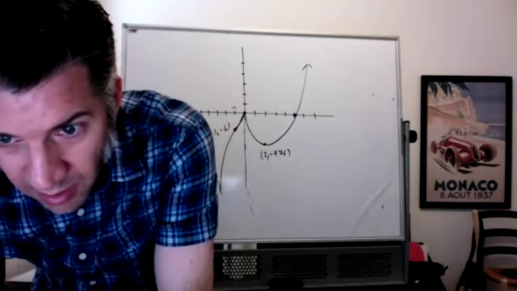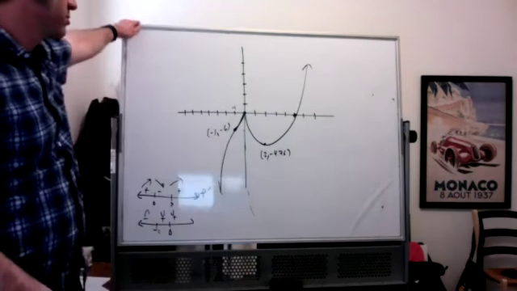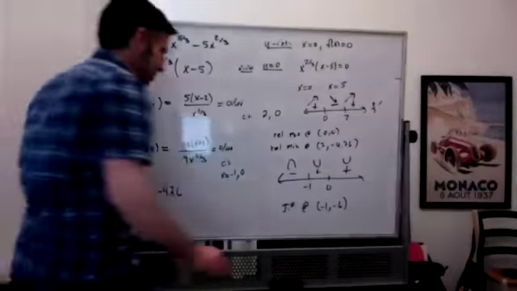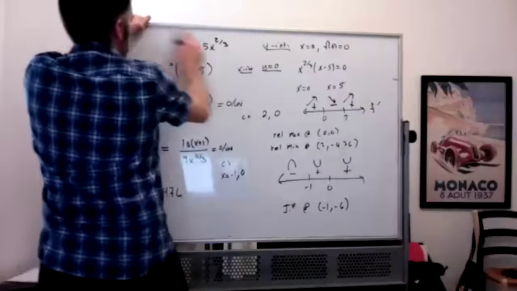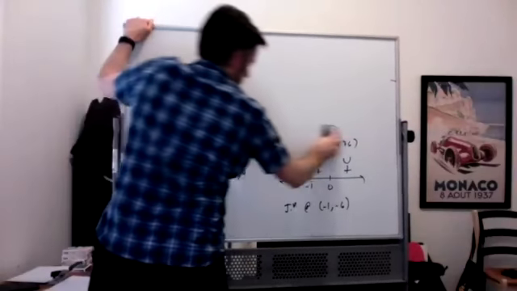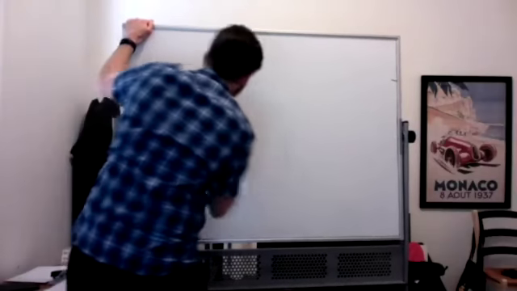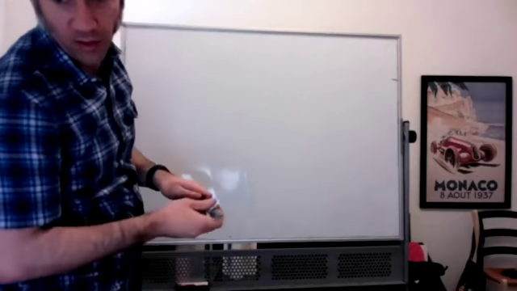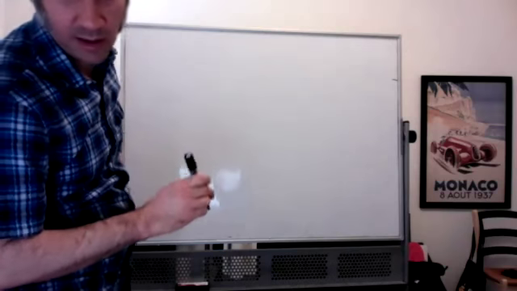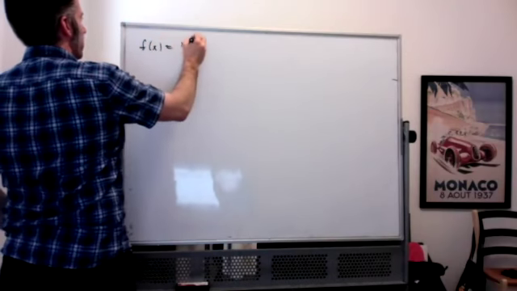Let's look at this last graphing one here. Number 18, we're going to graph f of x equals (x plus 3) over x squared.